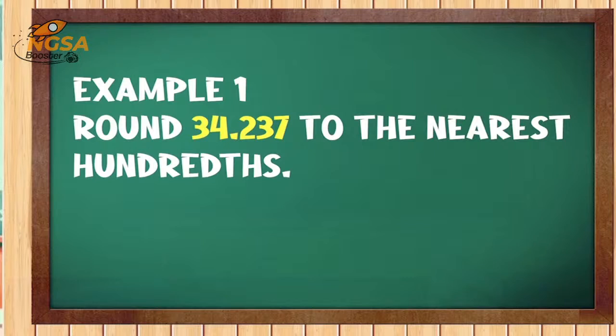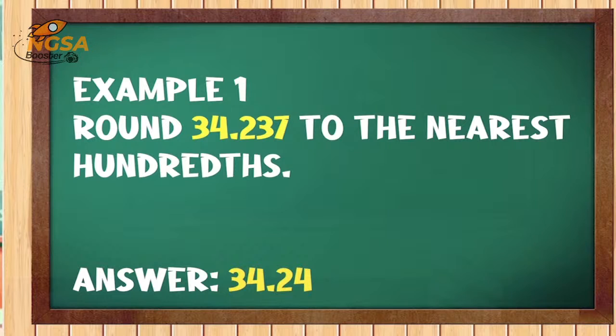The number in the hundredths place is 3, so that 3 becomes 4. 34.237 rounded to the nearest hundredths is 34.24.